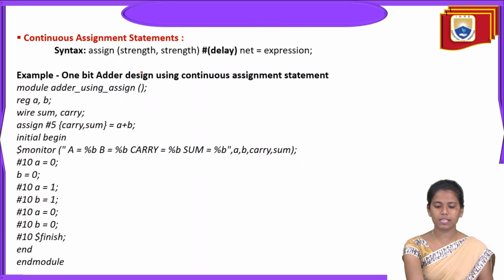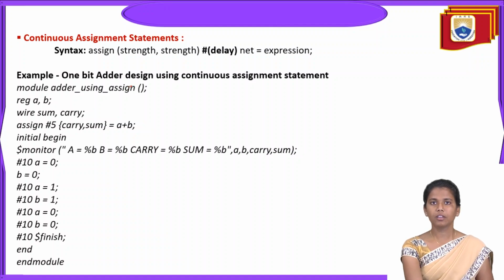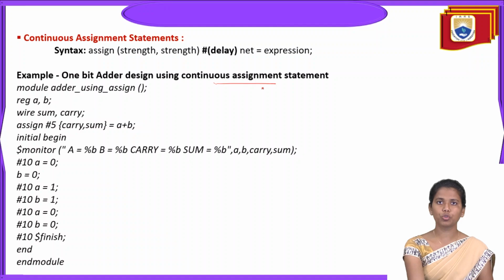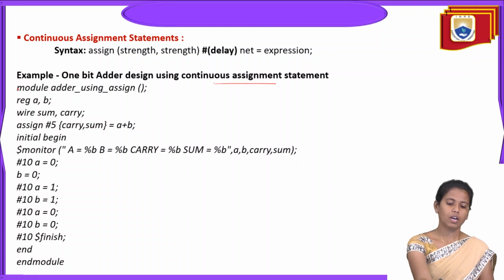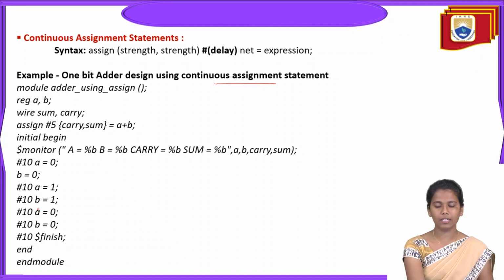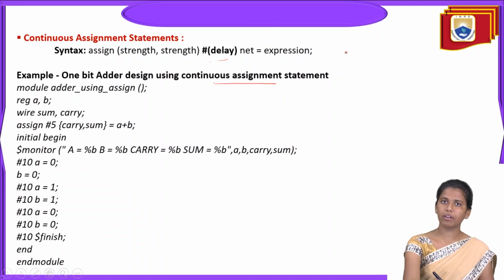Here goes an example of a 1-bit adder using a continuous assignment statement. The syntax is: assign strength, delay, net equals expression. This is an assignment operator, and on the right we have the expression, and on the left we have data types or net data types, right?